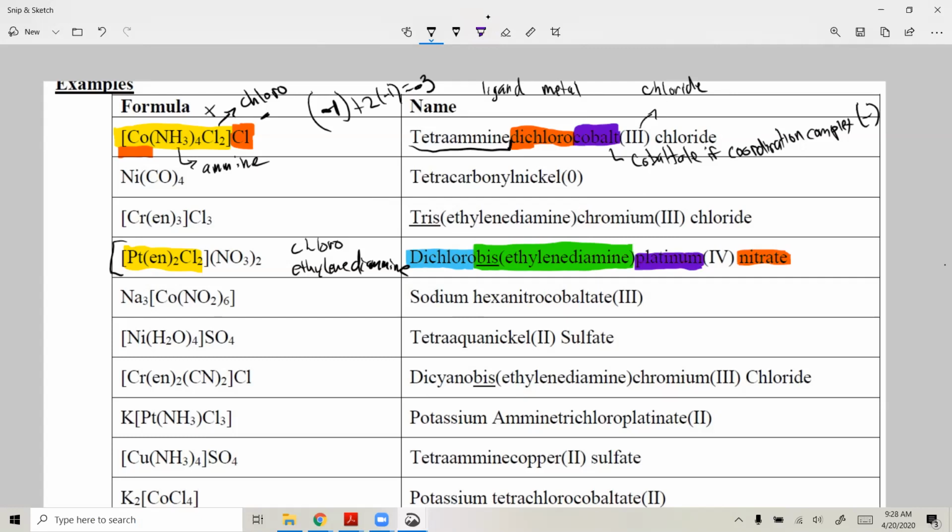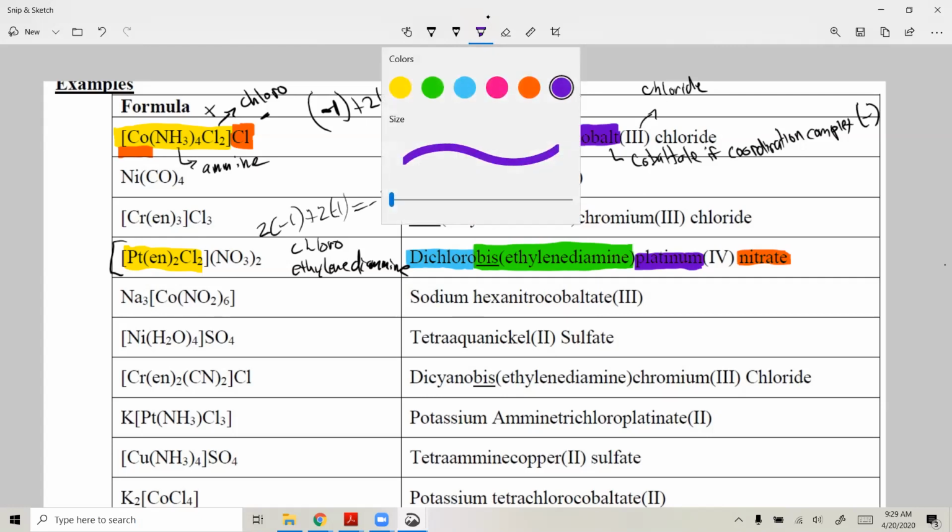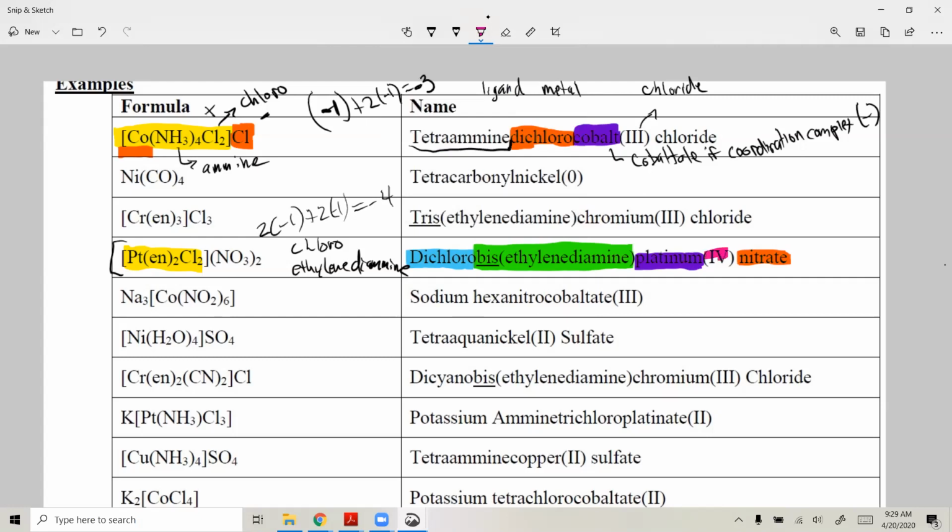We have two chloros, each one is a -1. We have two nitrates, each one is a -1 as well. And we have one platinum trying to balance out all of that -4 charge. And so our platinum should be what oxidation state? +4. Very good.